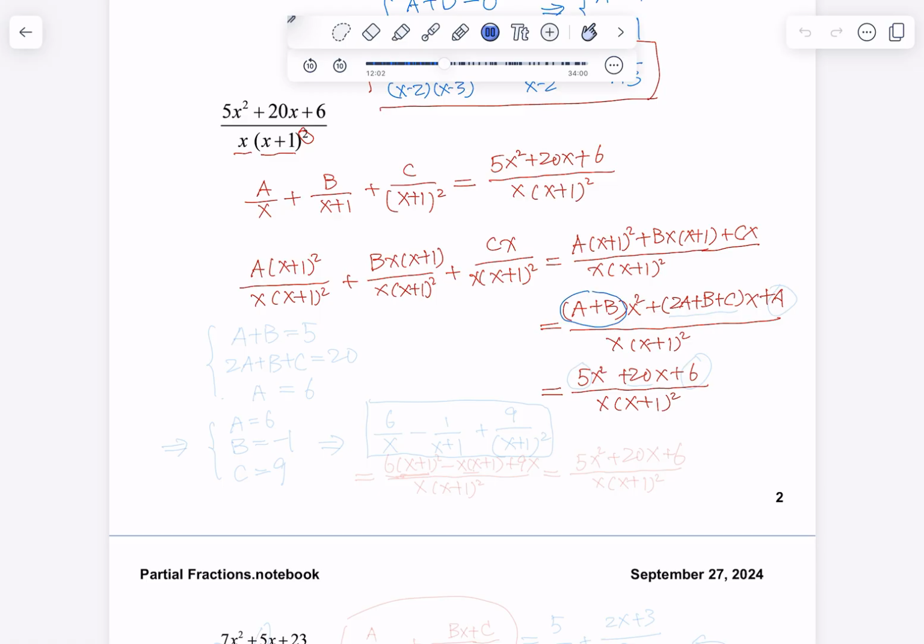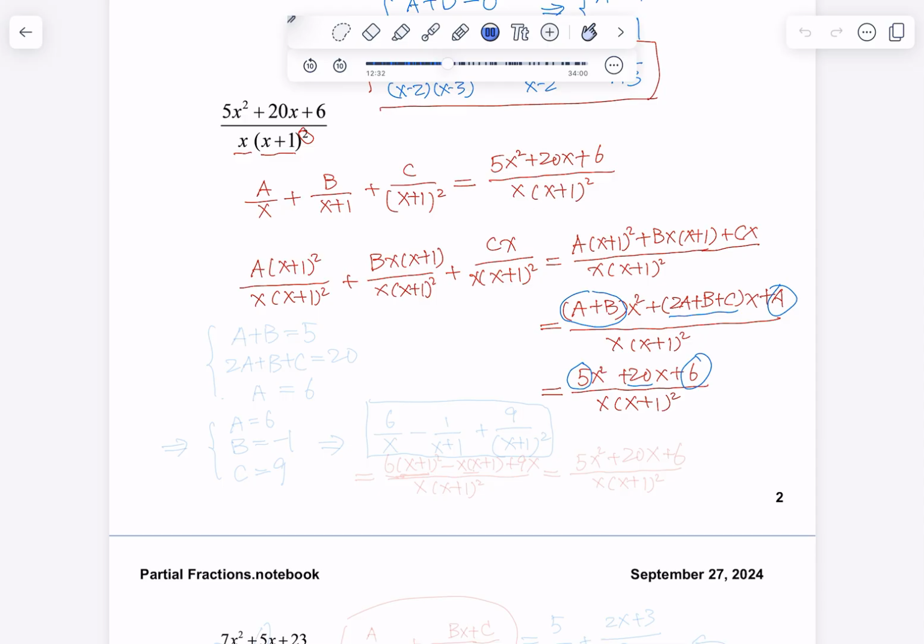We conclude that a plus b must be 5, and 2a plus b plus c must be 20, and a must be 6. If we can find a, b, c to satisfy those conditions, then we can be sure that the original rational function will be the same as your decomposition.